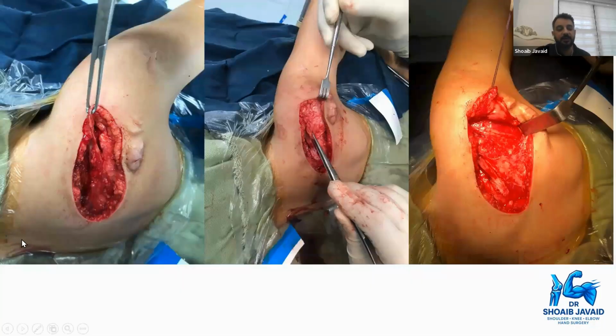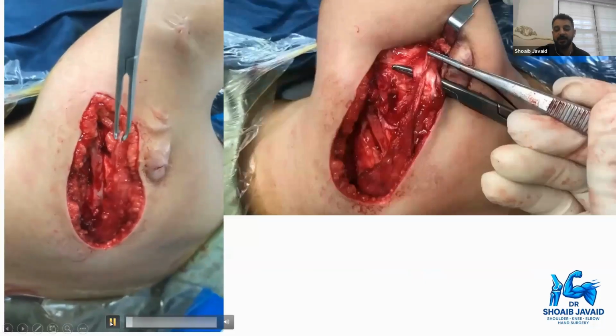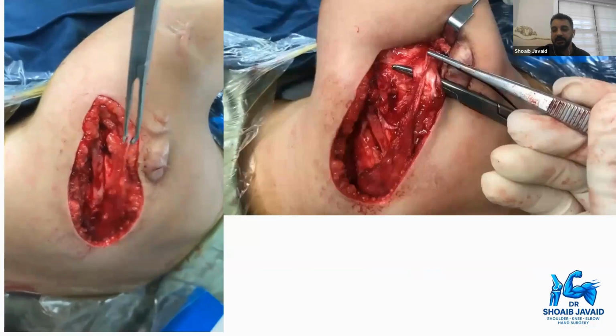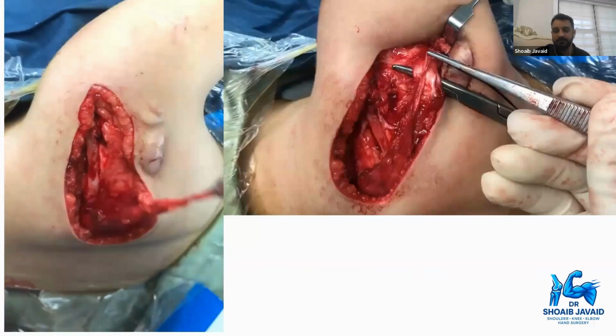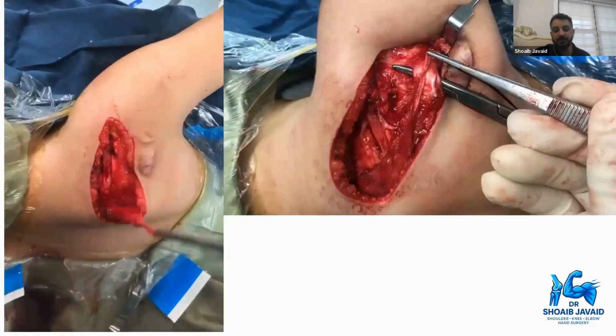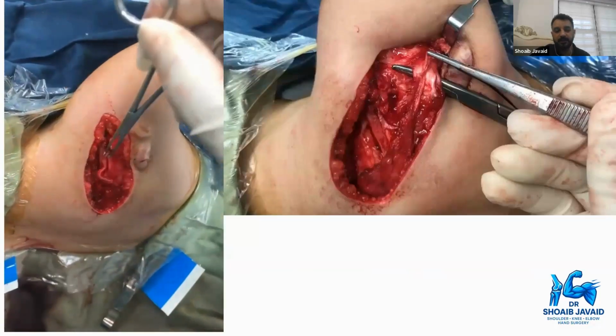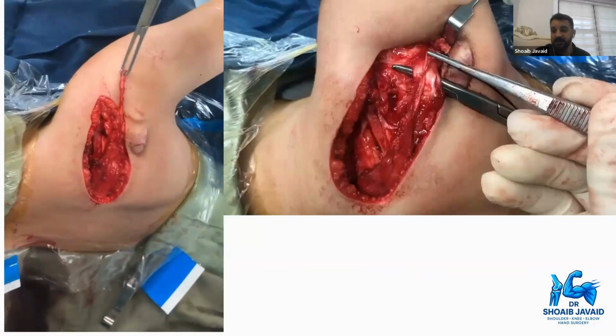If I can show you in the video, it is a very strong muscle. You can lift the whole patient on it. And we elevate the lower trapezius along with the thick periosteum of the child.